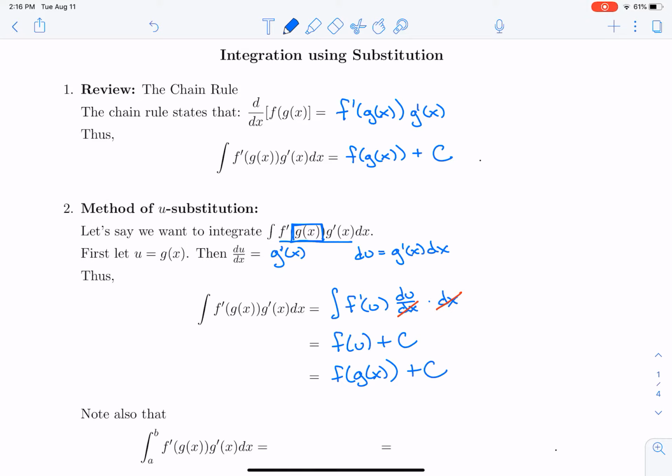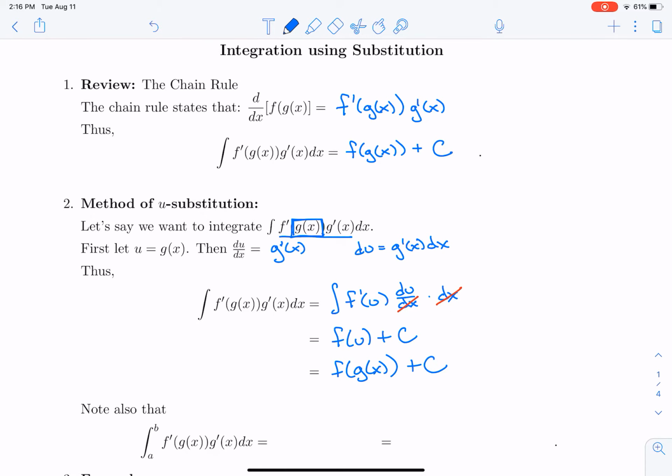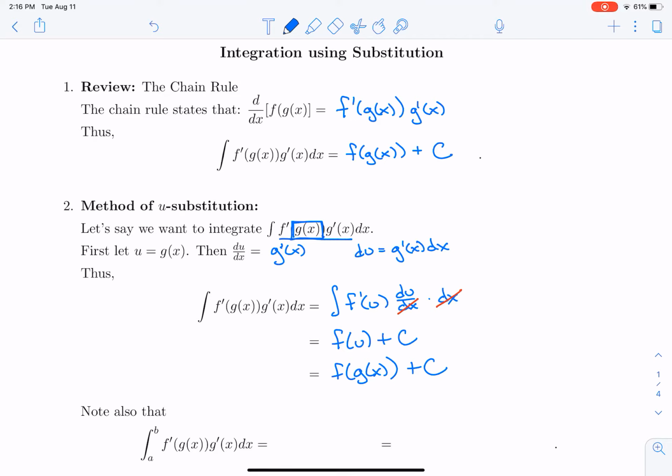We can also note that if we want to do a definite integral, an integral from a to b of f prime of g of x times g prime of x dx, well then, if we do the u substitution, we now have the integral of f prime of u times du.